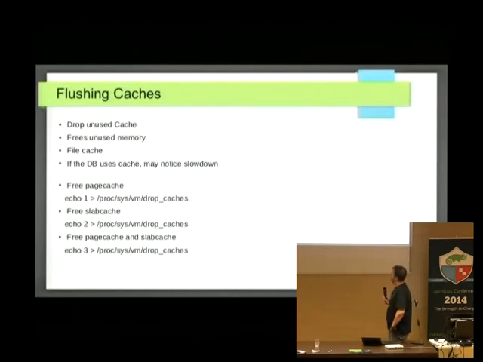How can we free page cache? Just echo 1 to drop_caches. How can we free slab cache? Just echo 2 to drop_caches, and echo 3 to drop_caches to free page cache and slab cache at the same time. This will not happen instantly. We must wait a few seconds or a few minutes, and it doesn't always help.